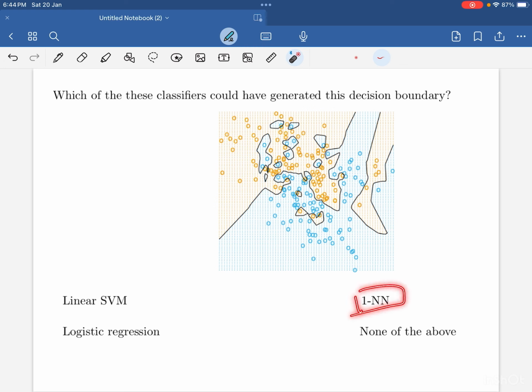So in 1NN, what it is going to do, let's suppose that you put your test data somewhere here, maybe here, right? Since we are using 1NN, that means one nearest neighbor. So it is going to first calculate all the distances from this test point to all your training data, right?